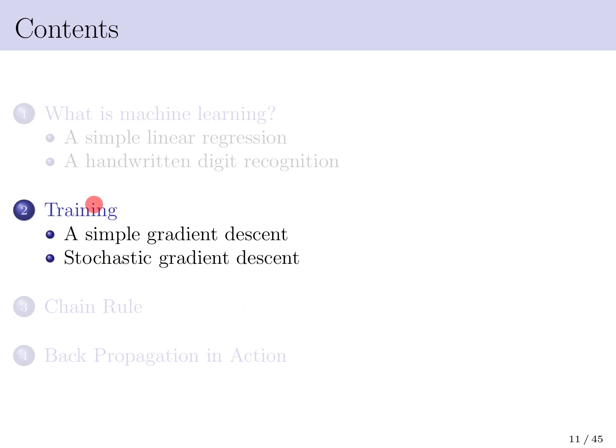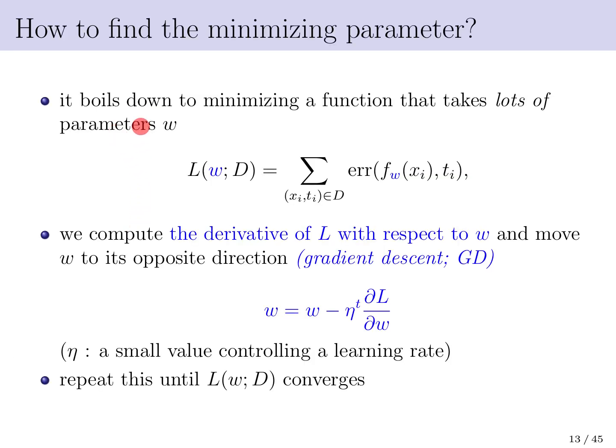But how do we actually train the model, or find the weights that minimize the loss over the entire data set? Again, the task is to find the parameters or weights that minimize the loss.